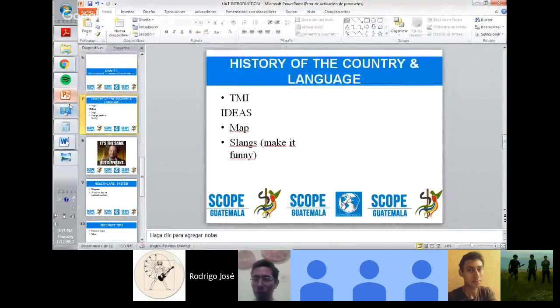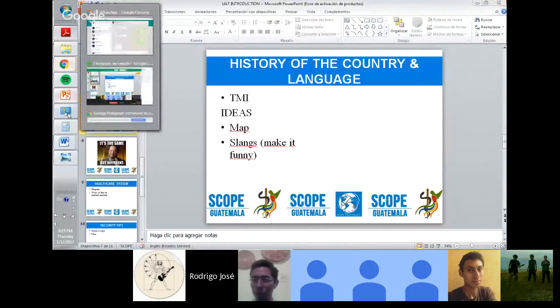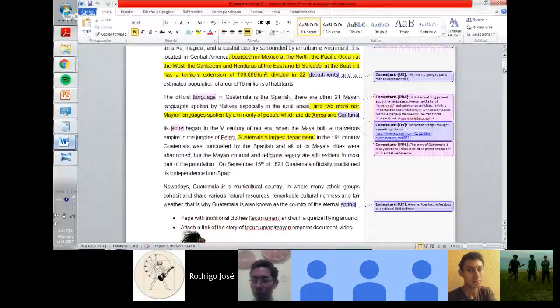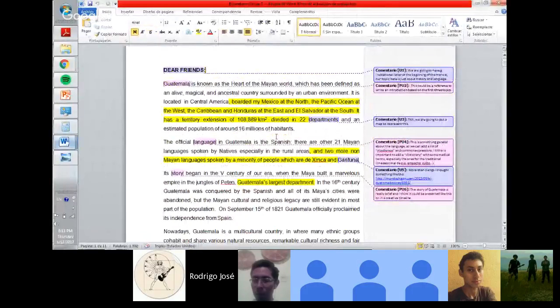We could use a map because of the history and the location. In this first part, they're talking about Guatemala, where it's located, all these things that people going on exchange don't really care about.